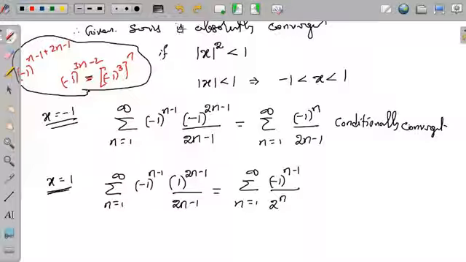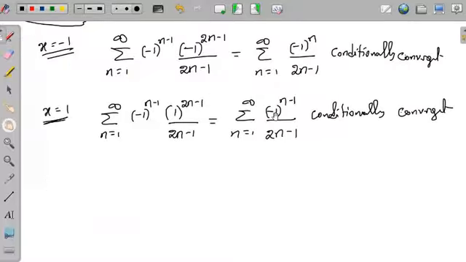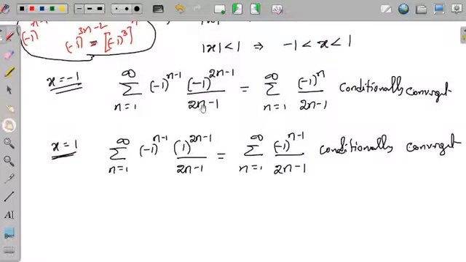In the denominator you have 2n minus 1. So how about this summation? Conditionally convergent. So this is also conditionally convergent, and therefore it is conditionally convergent at both endpoints.